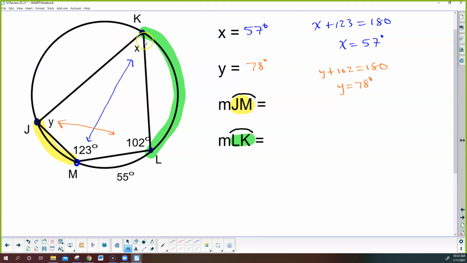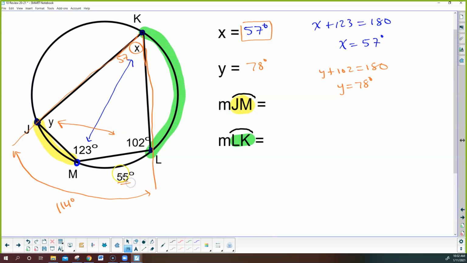So let's see if I can do this without making a huge mess of my paper. Here's what I notice. X is 57 degrees. Right now, that's an inscribed angle. If I double that, that's going to give me the measure of the arc from J to L, right? So if I multiply 57 by 2, I get 114.